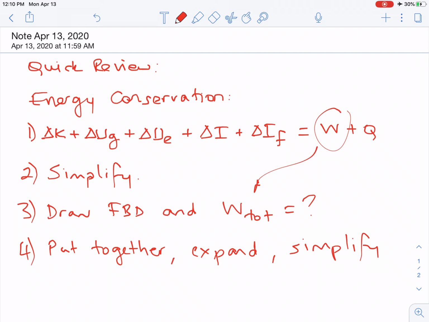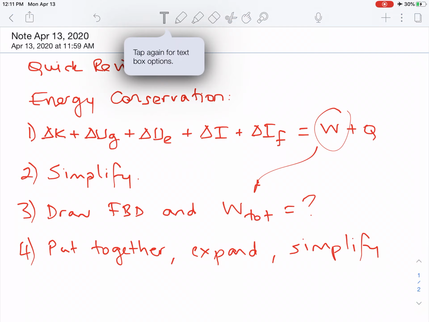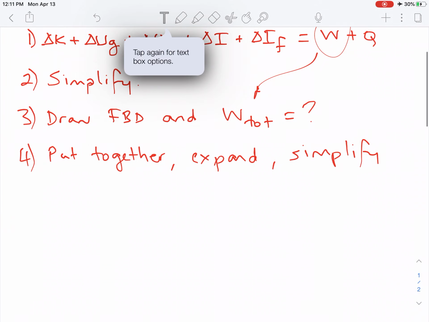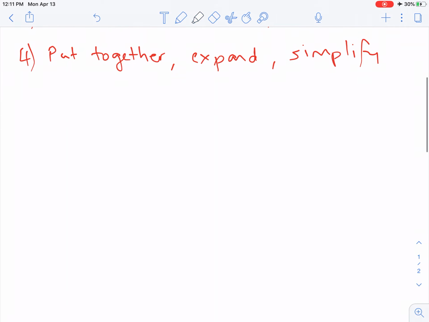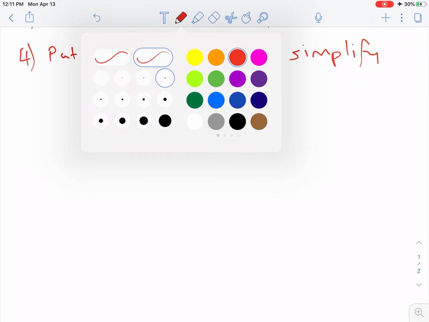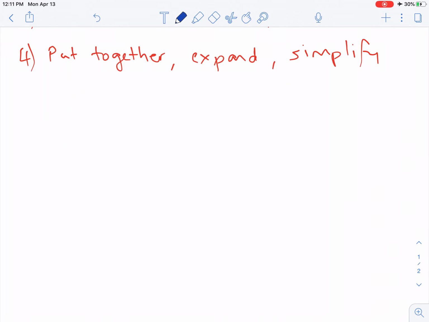Okay, this is what we've been doing so far, and what I want to show next is a little bit more detailed. So I'm gonna write the energy equation again. Let me use a different color. So this is the strategy that we follow.